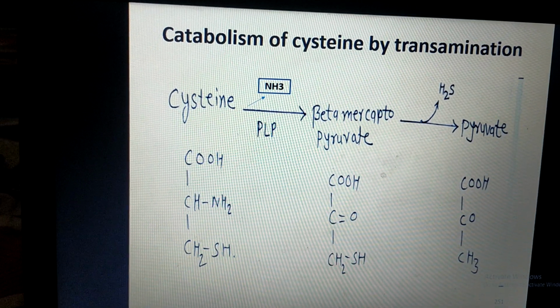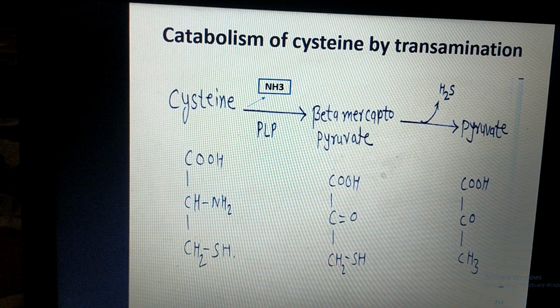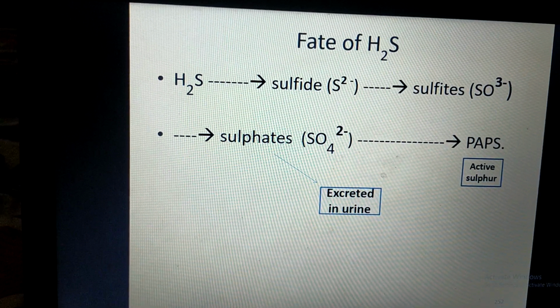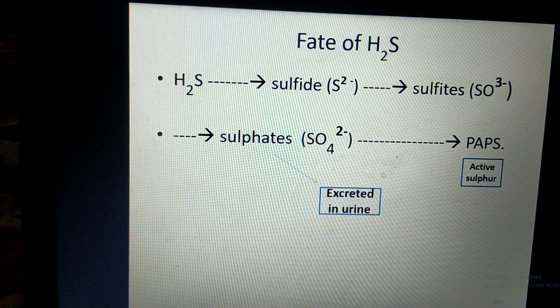Now H2S, which is formed here, is a very important compound. This H2S, or hydrogen sulfide, gets oxidized to form sulfite, which is further oxidized, and after one more oxidation it forms sulfate. So hydrogen sulfide on oxidation forms sulfate.